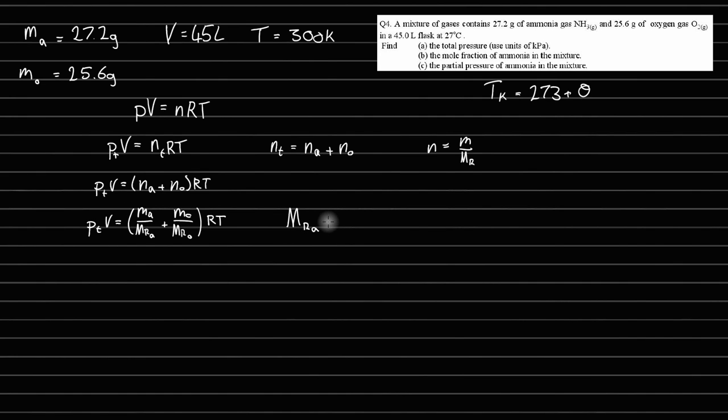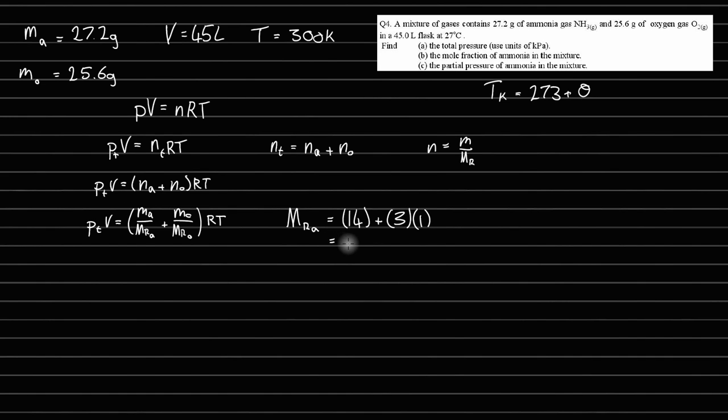Well, the molar mass is defined to be the sum of the individual atomic masses. In the case of ammonia, we would then have the atomic mass of nitrogen taken to be 14, plus, well, we have 3 lots of hydrogen. And the atomic mass of a hydrogen atom is 1.